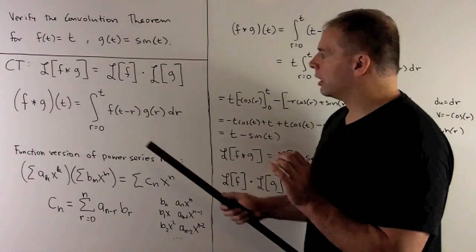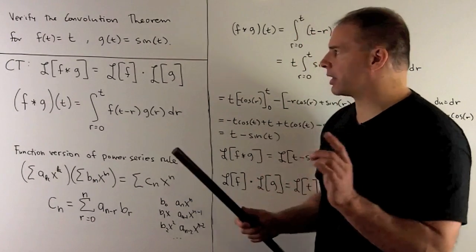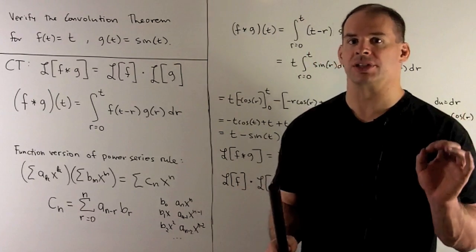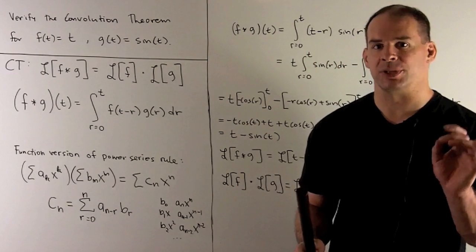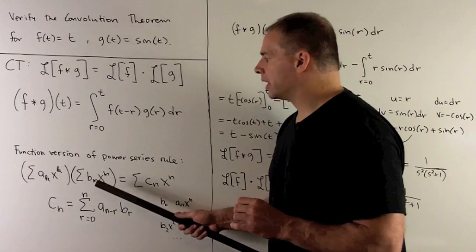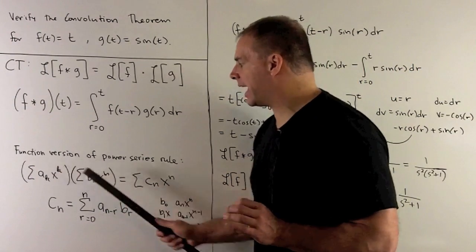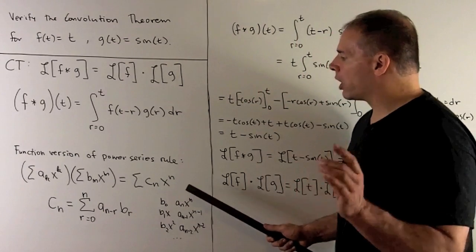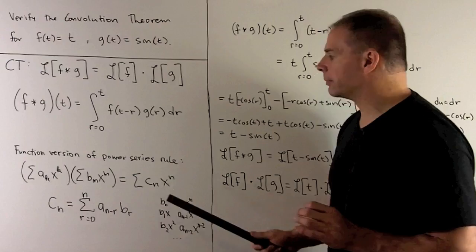Now, this looks a little strange the first time you come across it, but there's actually a precedent for this in calculus. If we take two power series and multiply them together, with coefficients a sub k and b sub m, you get a new power series, and we'll call its coefficients c sub n.